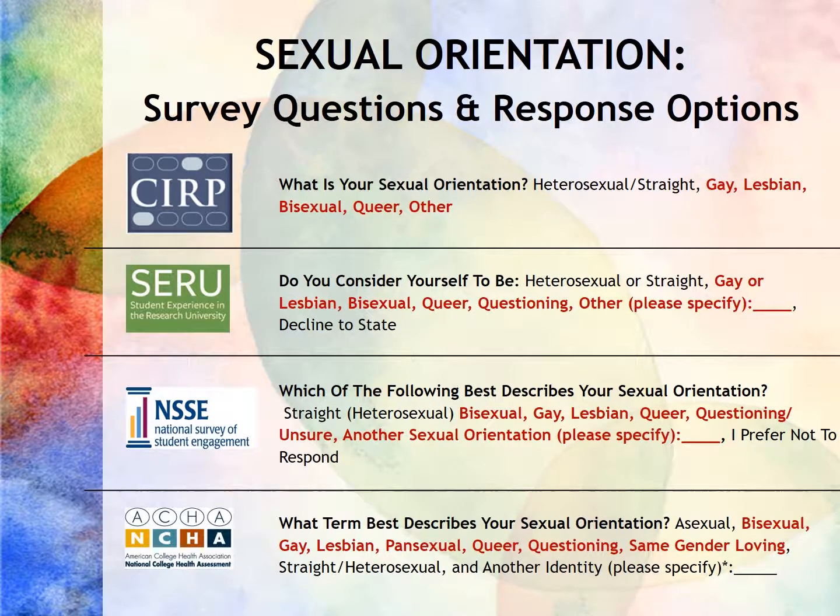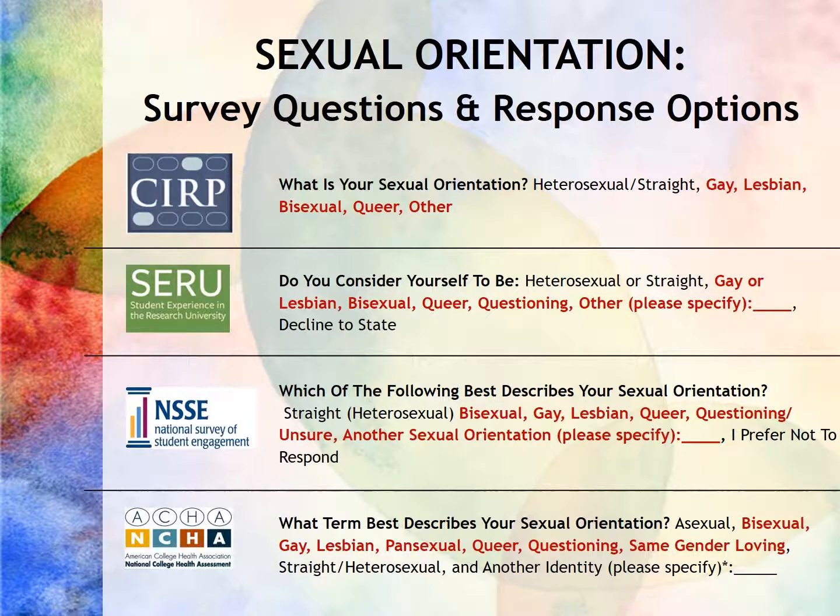And so we asked, what is your sexual orientation? And these are the options at the time that we did this study: heterosexual, straight, gay, lesbian, bisexual, queer, and other. These have since been modified, which we'll talk about later. But those are the options for our surveys, which are done both on paper and web.